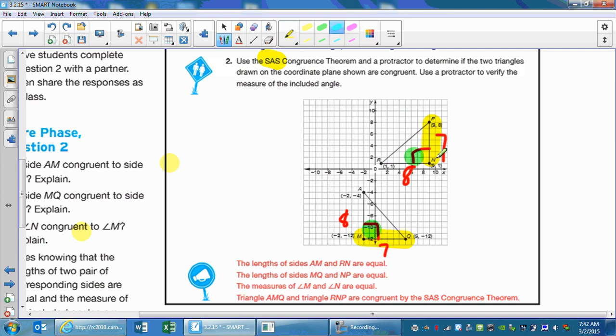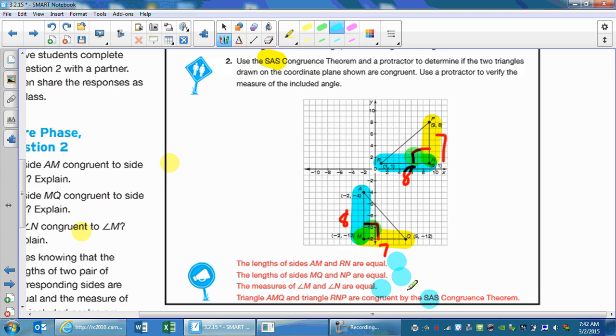Then the other side, the included angle is the angle in between the two sides that you have, is 8. And I have that here. So I can say AM and RN are equal. I could say MQ and MP are equal. I can say the angles are equal, M and N. So by side, angle, side, those two triangles are congruent.